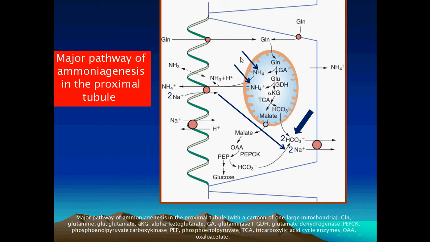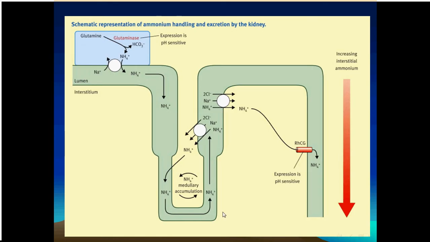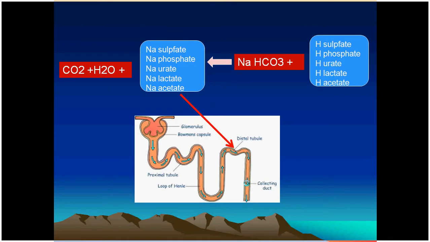So the end products of the metabolism of glutamine are bicarbonate, which is absorbed to the blood, and ammonia, which enters the medullary interstitial tissue and is retained there until it is needed.